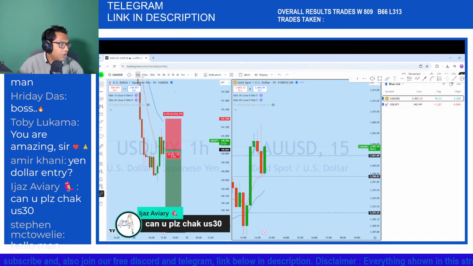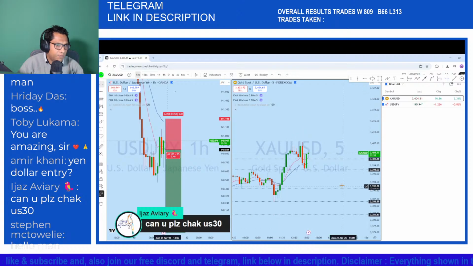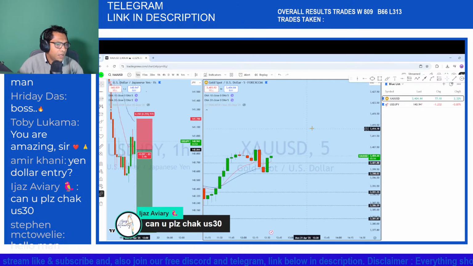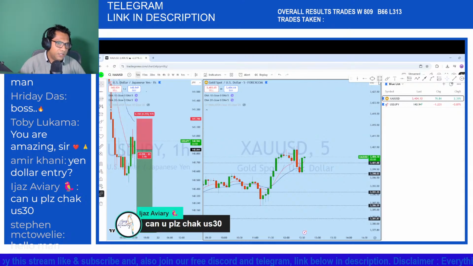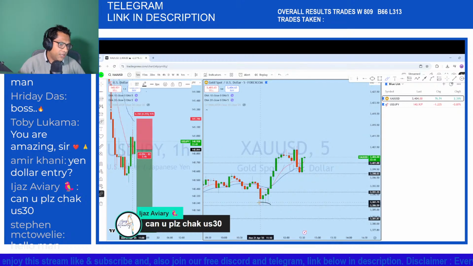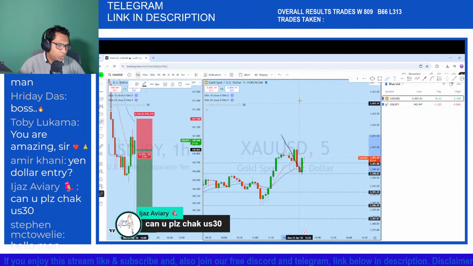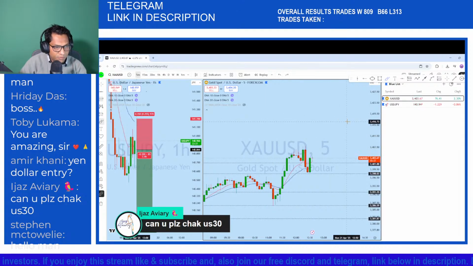Looking at the lower time frame, it shows a significantly bullish trend, and in that bullish trend there is a clean bounce followed by this pullback, and the market is in another bullish trend in this area.